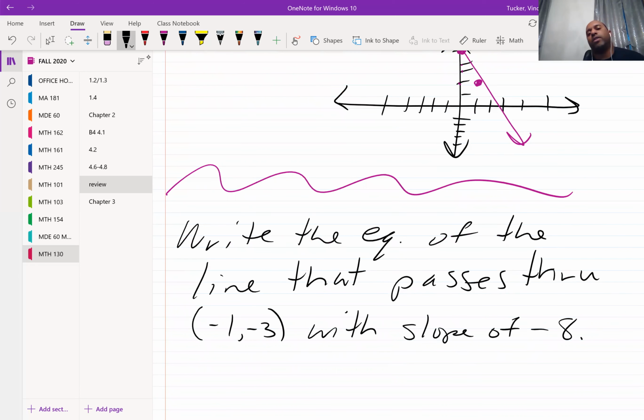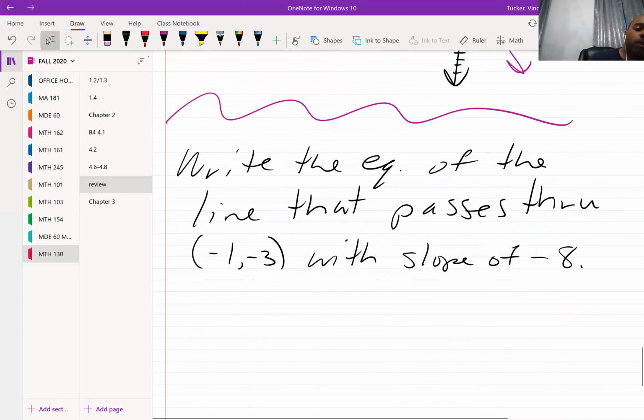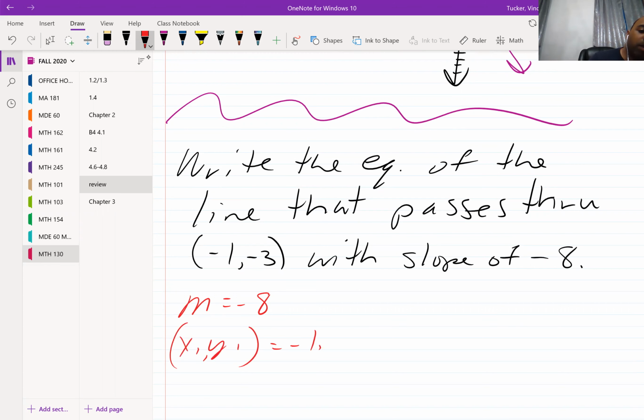All right, so they ask us to write the equation of the line that passes through the point -1, -3, and slope of -8. So first thing, recognize that m is equal to -8, and x1, y1, our point, is -1, -3. So those are the variables that are going to be associated with that.